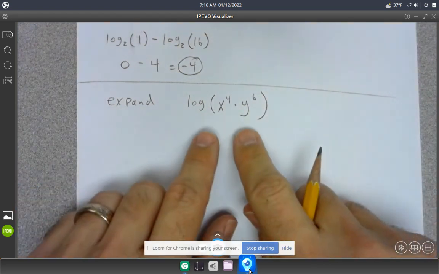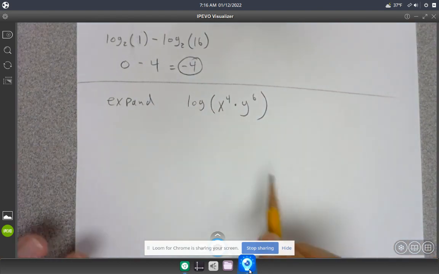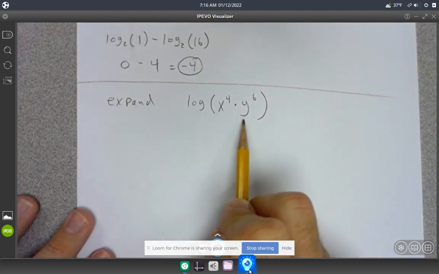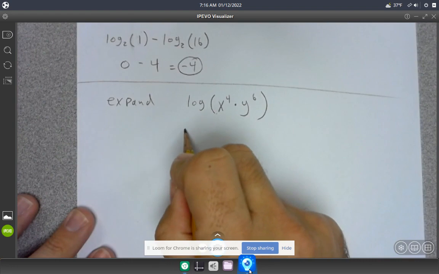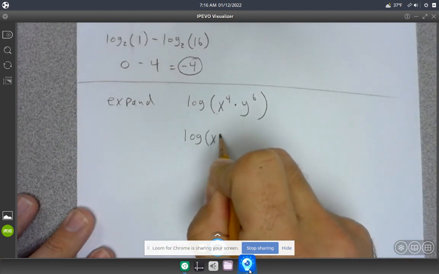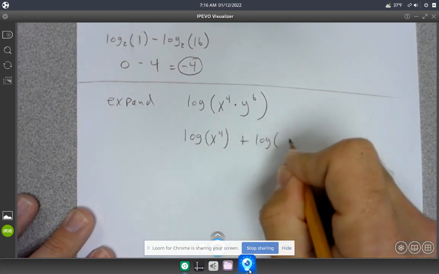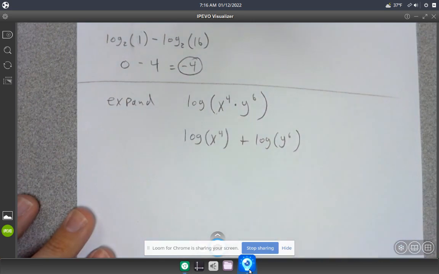I want to expand this all the way out using those properties of logarithms. Because I have the log of a product, I'm going to rewrite that as a sum. So this is going to be the log of x to the 4th plus the log of y to the 6th. That's just using that multiplication rule.